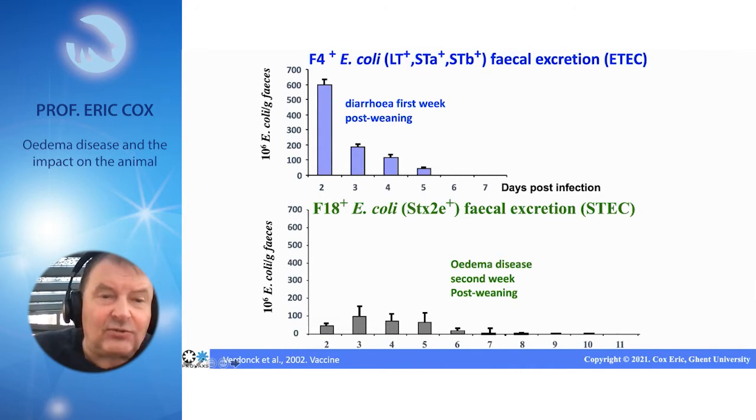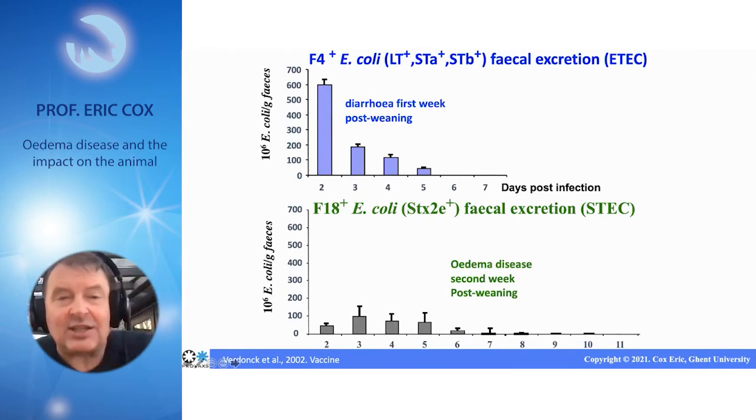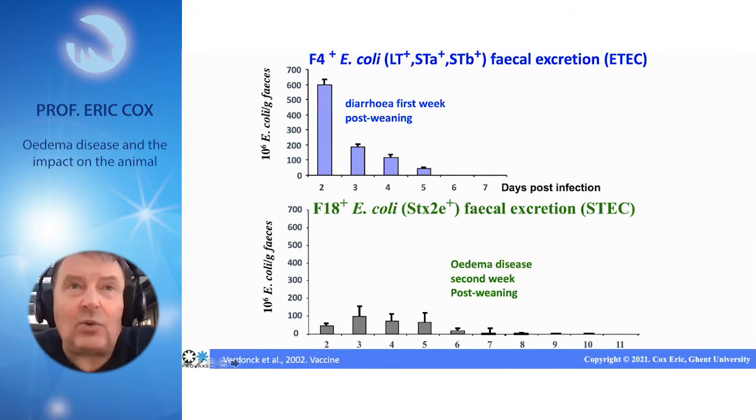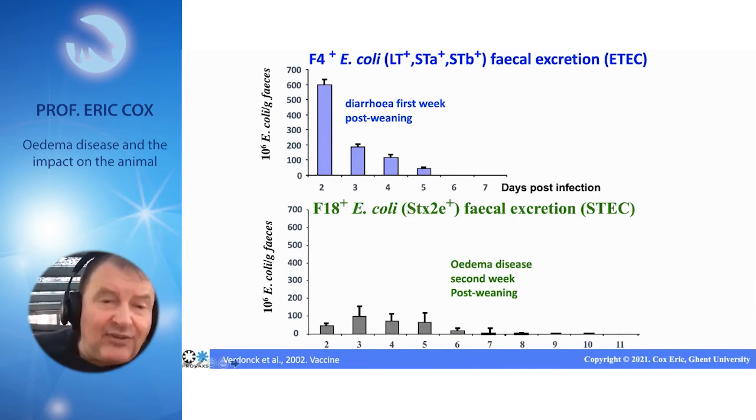So you see here, very rapidly after infection, very huge numbers of bacteria in the animals, and they excrete it in very high amounts, and then this colonization rapidly drops. And after 6 to 7 days, normally, if there are no complicating factors, the infection disappears. And for F18 E. coli, that is not the case.